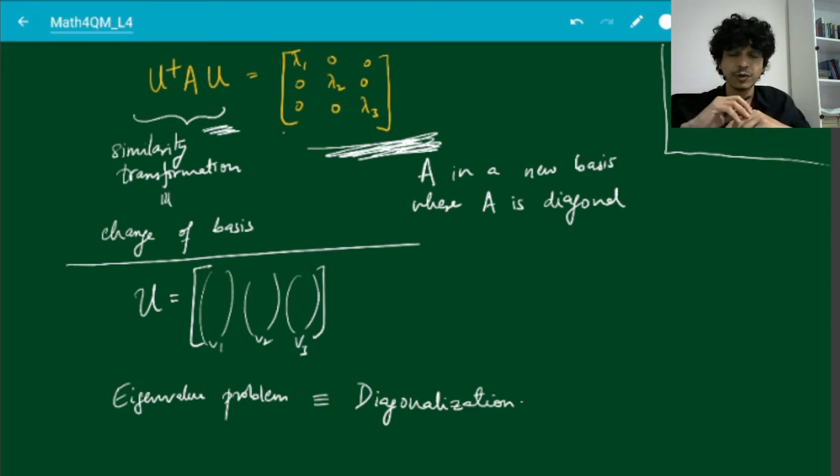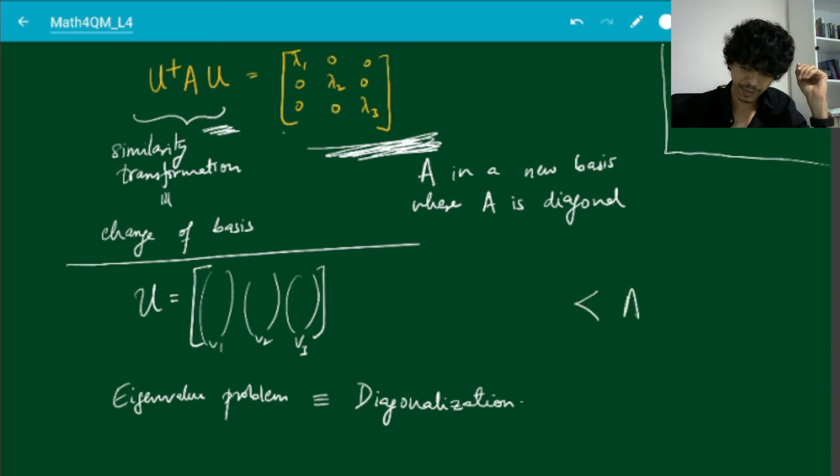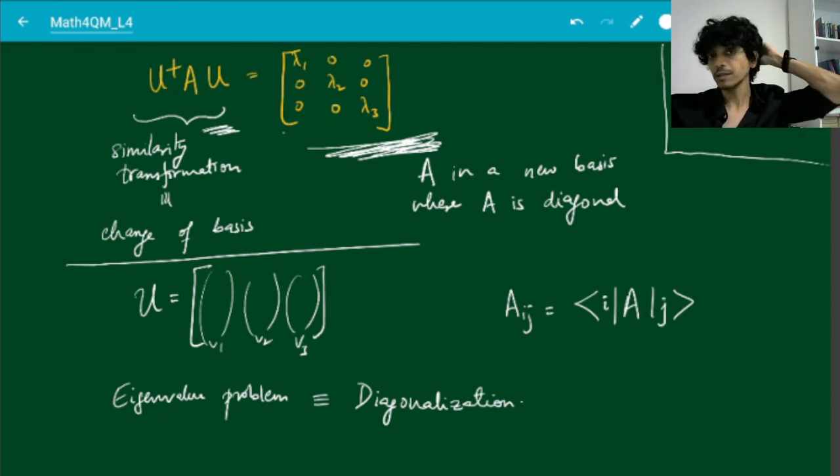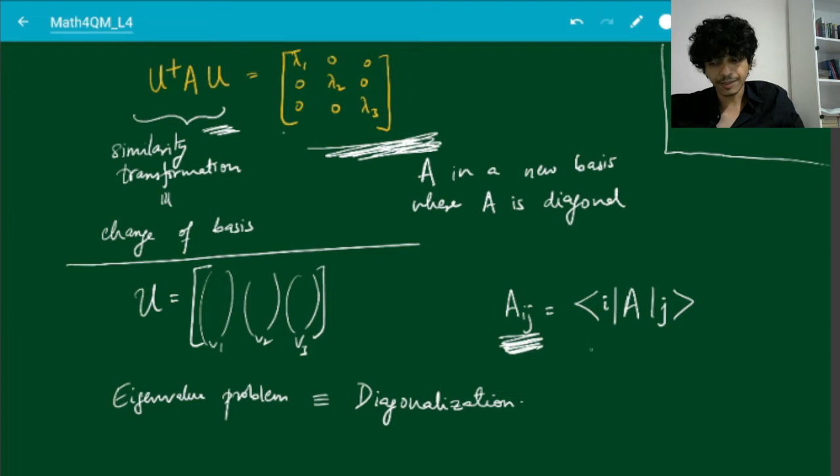As we have seen before, the ijth element of the matrix A is given by A sandwiched between bra i and ket j, i and j being the basis vectors. So clearly, what that matrix element is depends on what basis you have chosen.